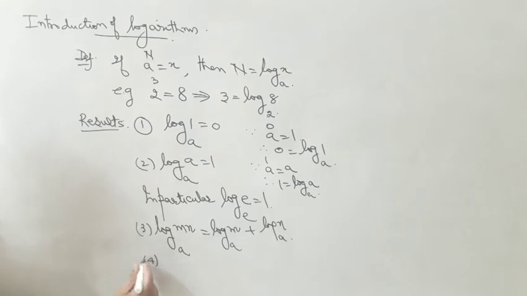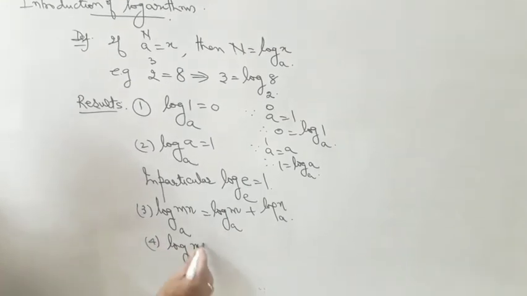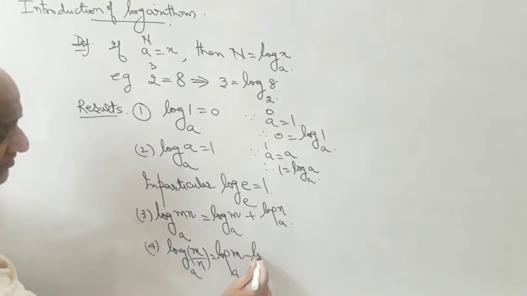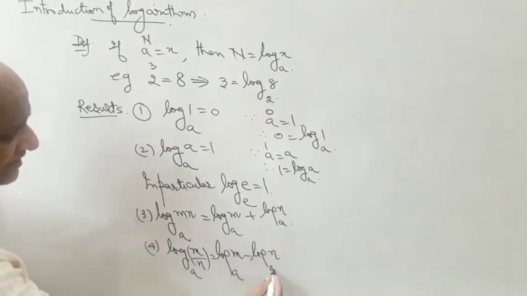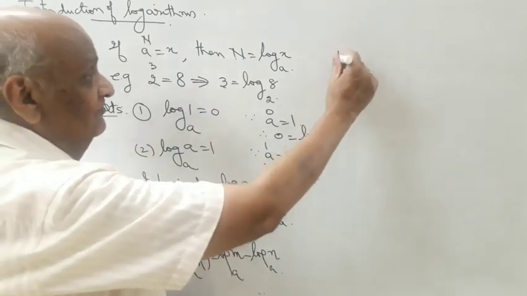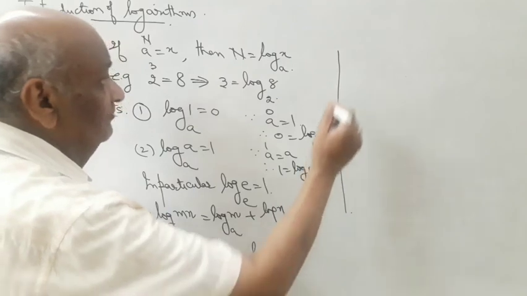Number 4, log of m upon n to the base a is log of m to the base a minus log of n to the base a. Write the base very clearly in the foot of log. This is the quotient formula.